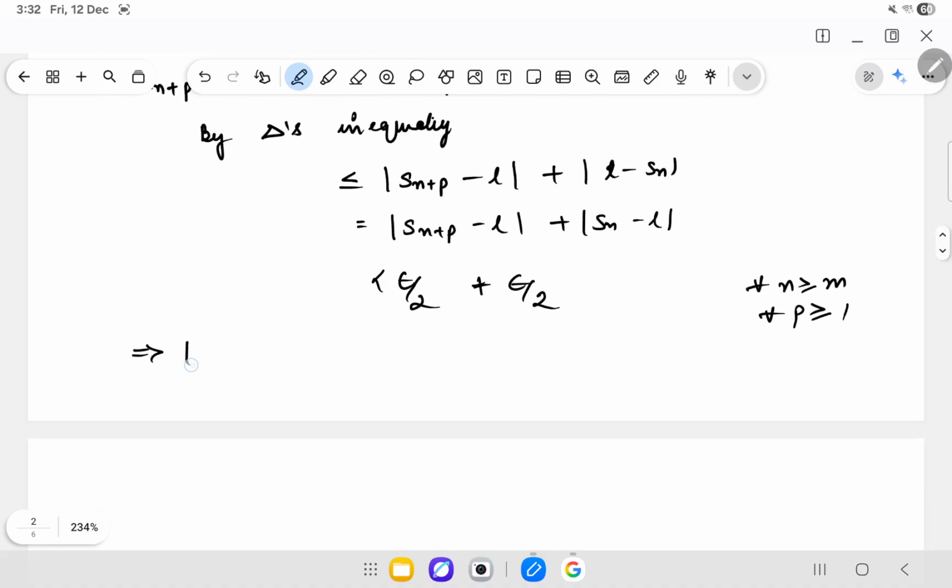So from here I got that Sn plus p minus Sn is less than epsilon for all n and for all p greater than or equal to 1.